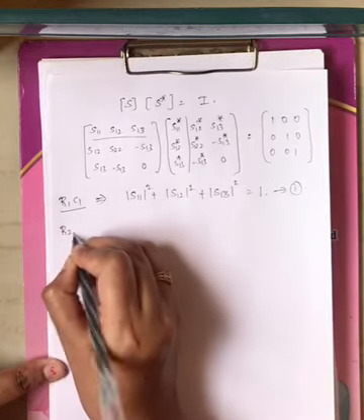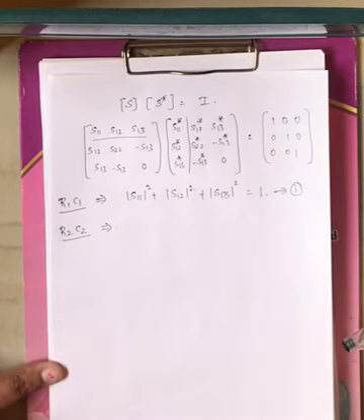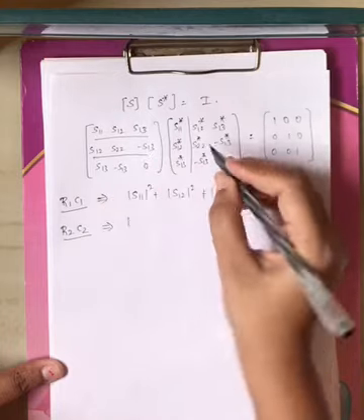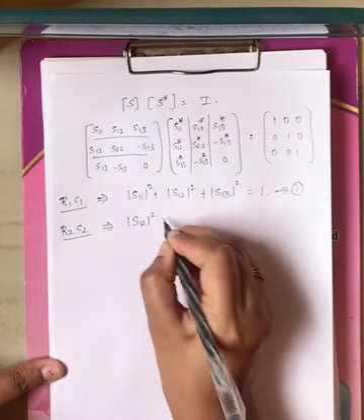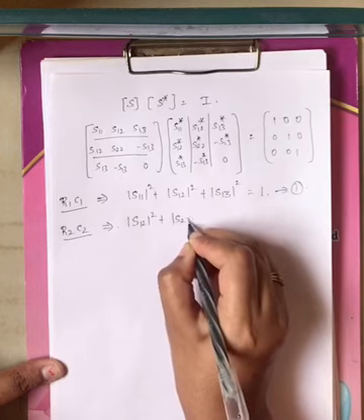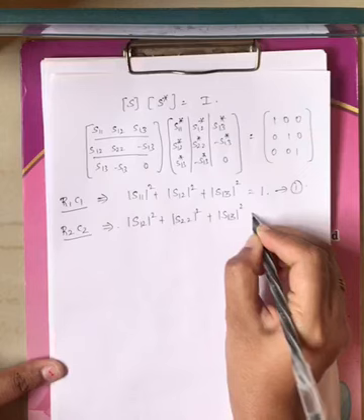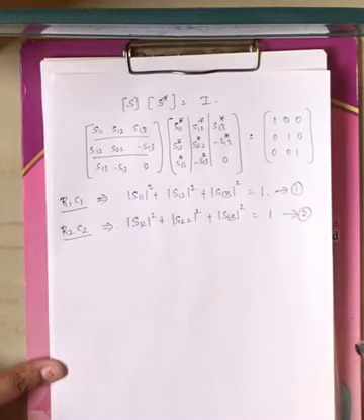Similarly, row 2 with column 2: mod S12 square plus mod S22 square plus mod S13 square equals 1. Represent it as equation number 2.